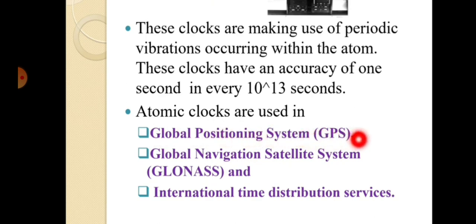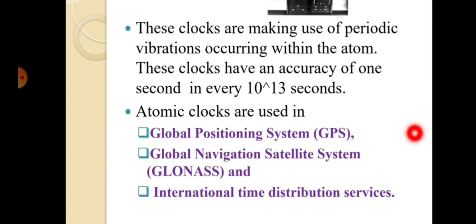Atomic clock is used in global positioning system, GPS. What is GPS? Using a GPS system you can track the vehicle wherever it is, and it is used in global navigation satellite system. Navigation satellite system is also connected with GPS.